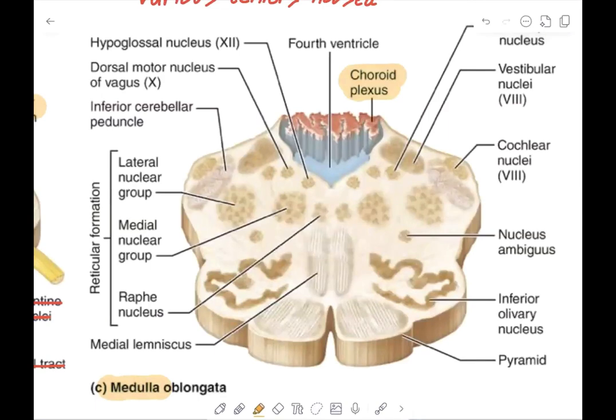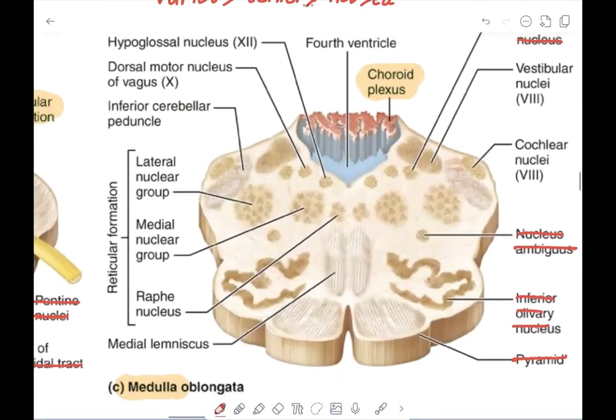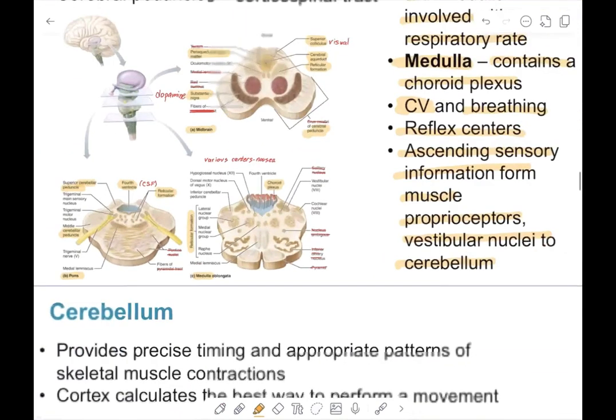The rest of the nuclei you're not going to be responsible for, like pyramid, inferior olivary nuclei, nucleus ambiguus, others that I'm going to go ahead and cross off. And the reticular formation is all shown here, which we are going to be talking about next.